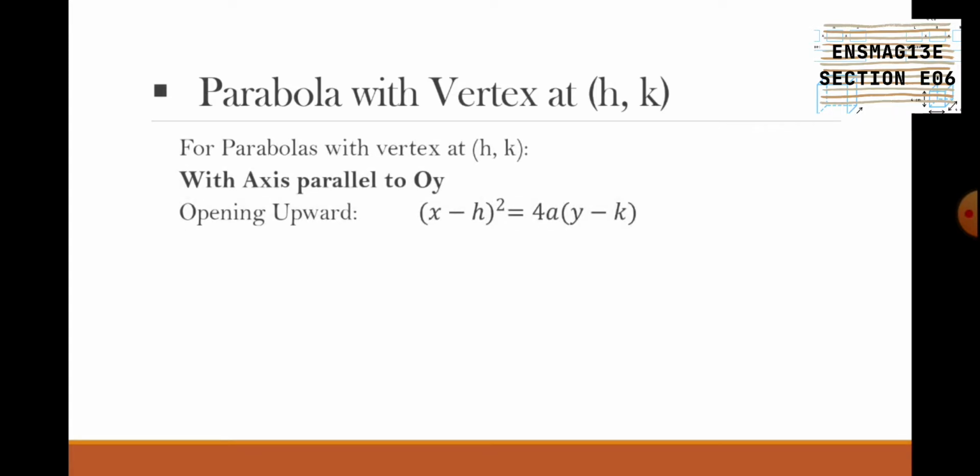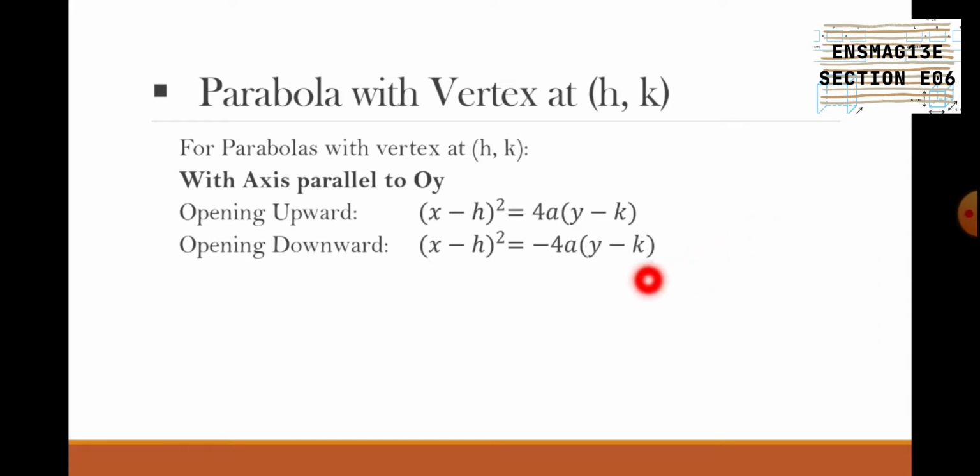With axis parallel to OY, if our parabola opens upward, the equation is x minus h squared is equal to 4a times y minus k. If it opens downward, x minus h squared is equal to negative 4a times y minus k.